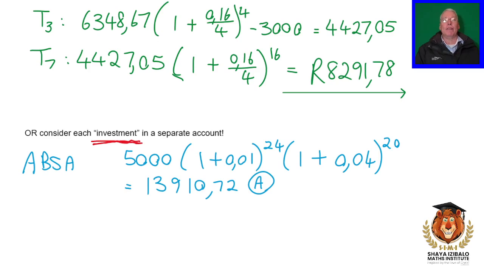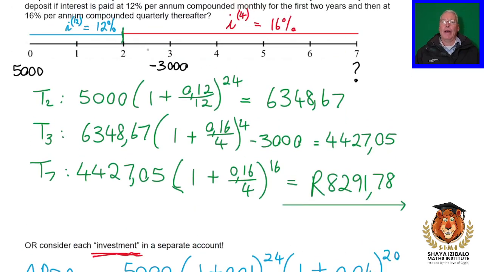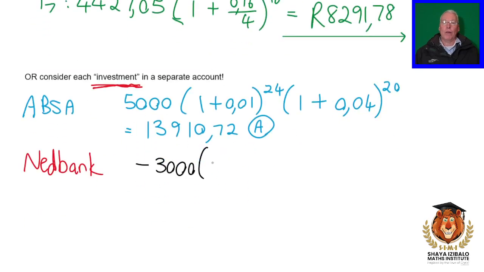Right, now let's work out the other amount. Suppose the other amount is with Nedbank. Okay, we're just making up bank names here, but it's in a different bank. And this is an amount of 3,000 Rand, but it's negative. All right, and it's going to be in the account for 1, 2, 3, 4 years. So 1.04, 4 years is power 16 quarters.